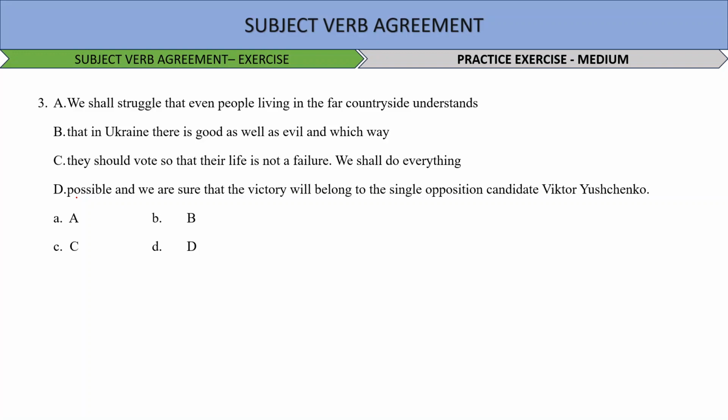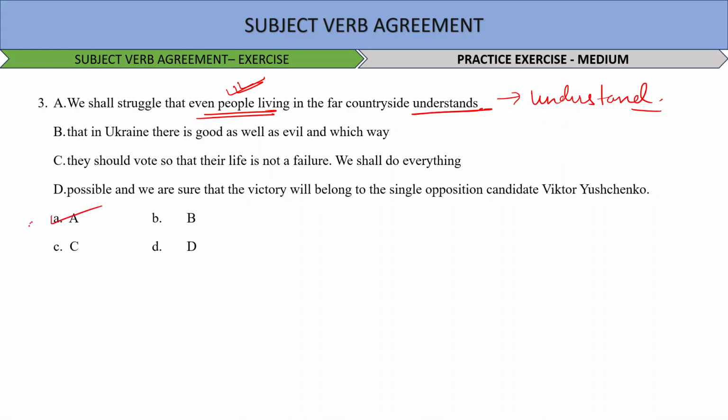The moment we read part number A, I would say that part number A has an error. We see people here, and people is a plural subject, and for a plural subject we will use a plural verb. So understands is inappropriate here, and the sentence would be understand and not understands. Again the error is in option number A.